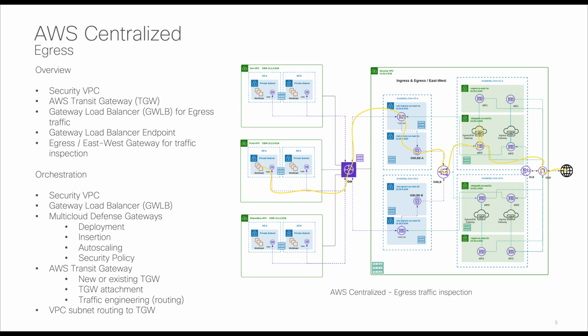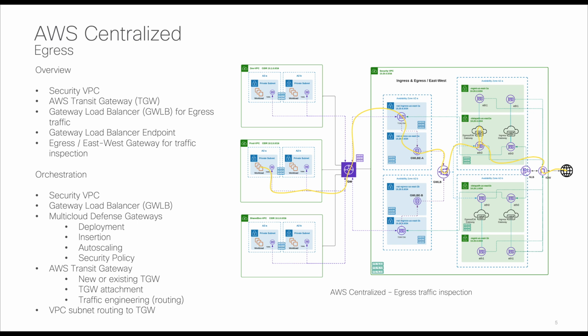Transit gateway then uses the VPC attachment going back to security VPC, and instead of sending it to the gateway straight away, we send it to gateway load balancer endpoint, and gateway load balancer endpoint has gateway load balancer inside the security VPC, and on the other side of the gateway load balancer, we have our egress gateways.